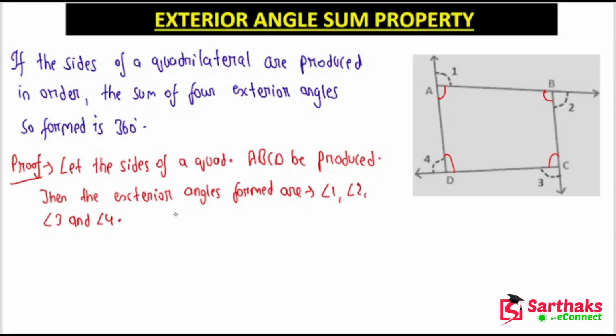Simple. So we can say that clearly angle 1 plus angle A is equal to 180 degree. How? Because we have linear pairs, right? Similarly we have other 3 linear pairs.